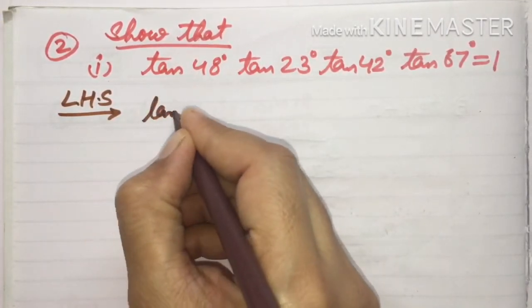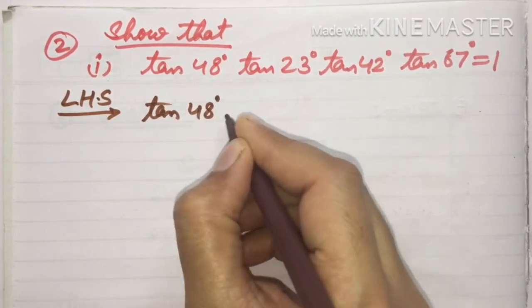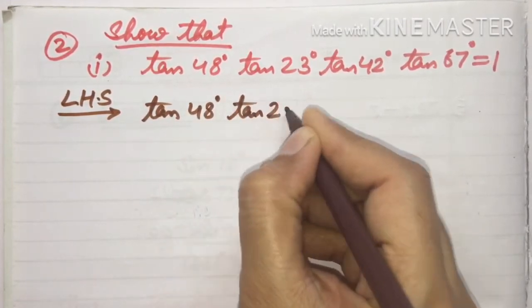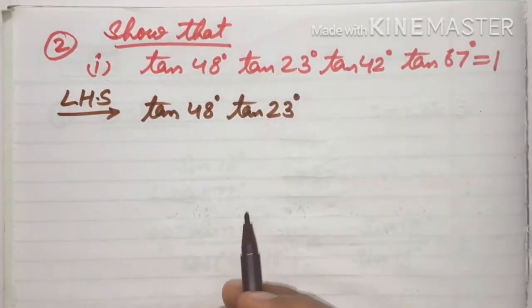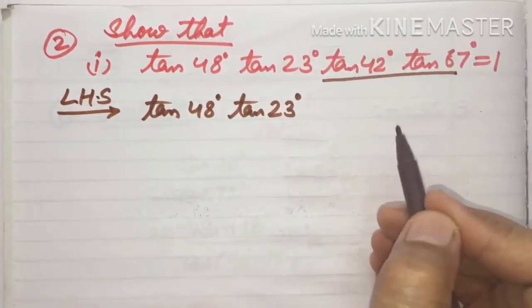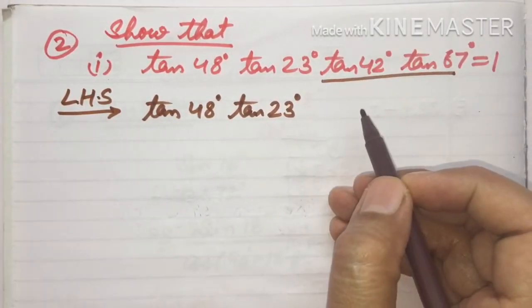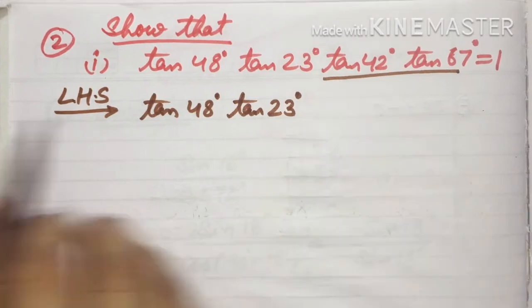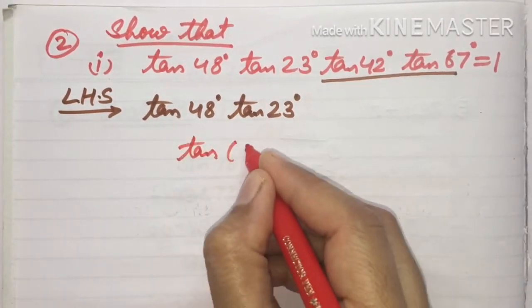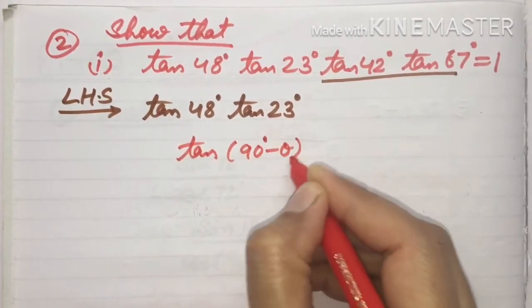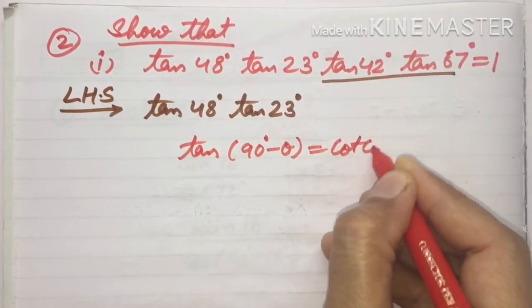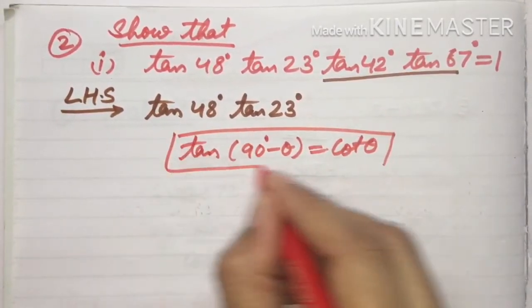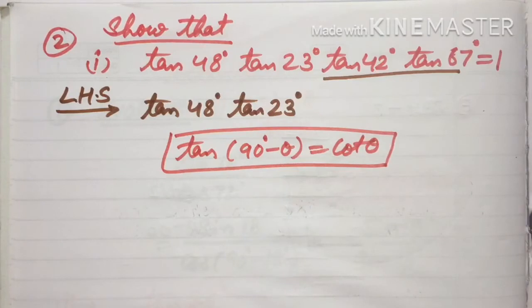So we can write tan 48 degree and tan 23 degree as it is, and for these two values we will take the complementary values. We know the relation that tan(90 degree minus theta) is equal to cot theta. So this relation we will use here.